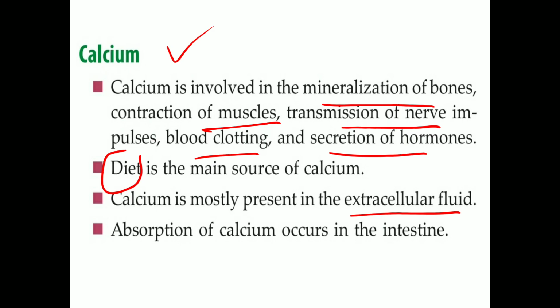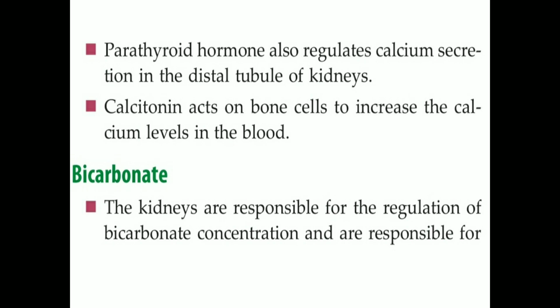Absorption of calcium occurs from the intestine, from the diet we take in. Parathyroid hormone and calcitonin hormone are also responsible for maintaining serum calcium levels, and it is regulated by the kidneys.